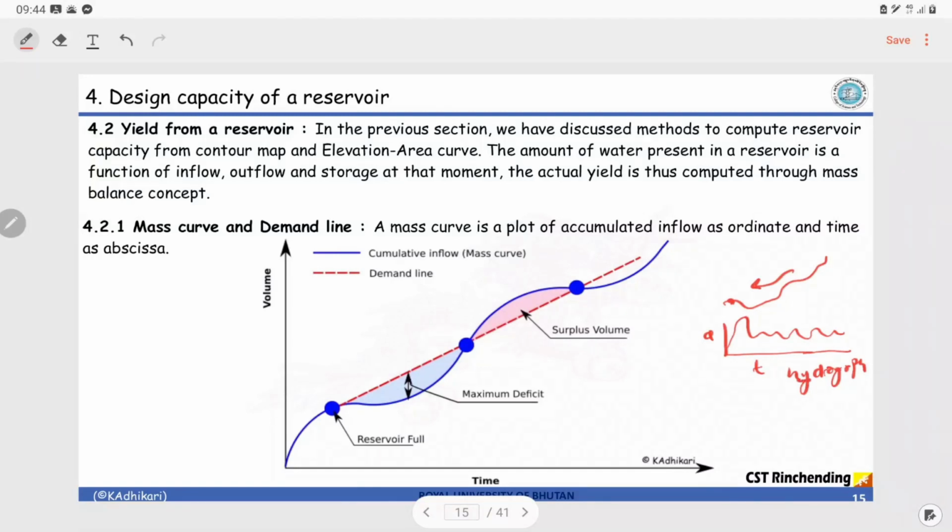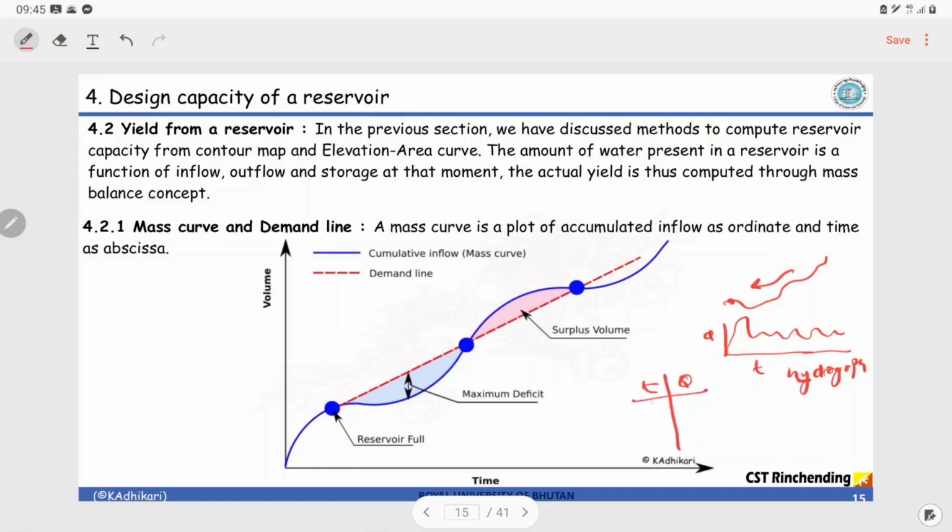Cumulative mass curve means you simply add on the values of the previous value. So what I mean is, let's say you have time and you have discharge.